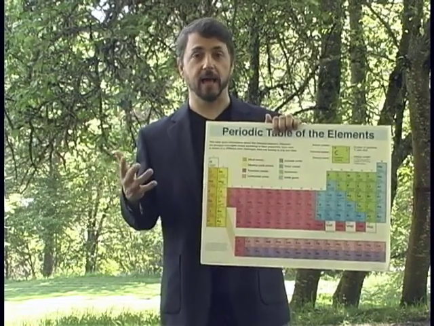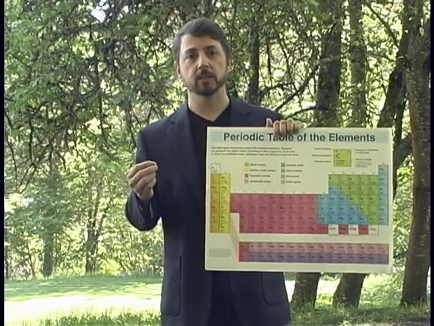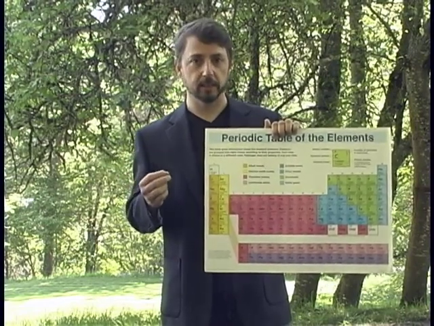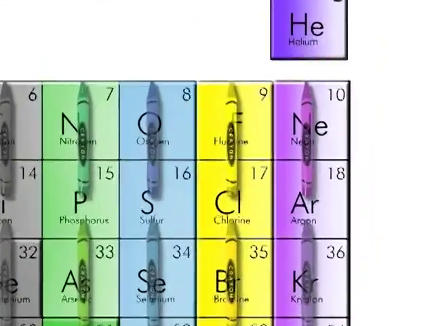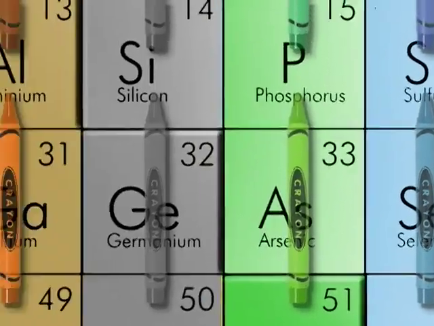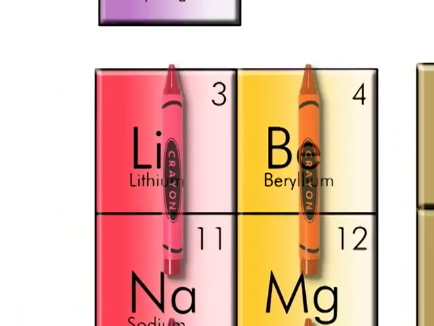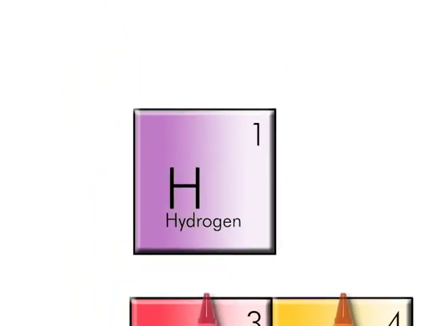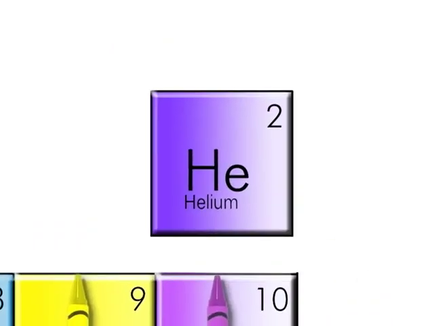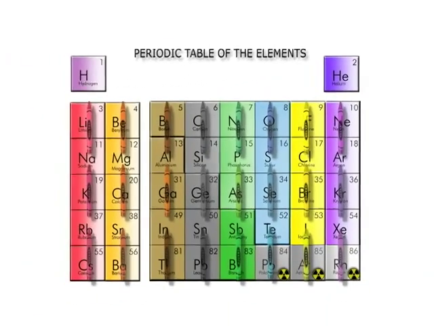Thus, at a glance, the periodic table tells you exactly how many protons are in each atom's nucleus. Neon has 10, bromine 35, sodium 11, and floating around at the top of the chart are the two lightest elements, hydrogen and helium, the most abundant elements in the universe, but homeless wanderers on the periodic table.